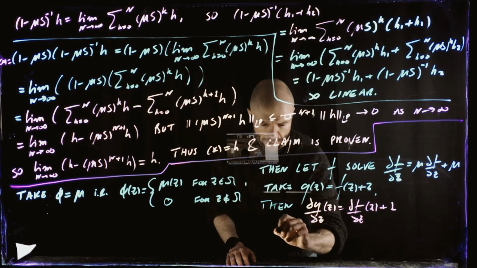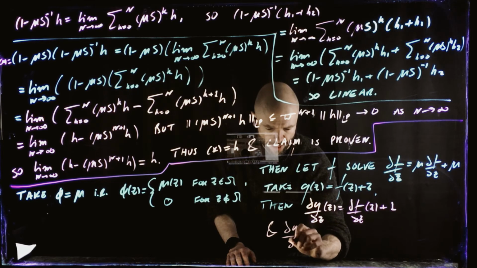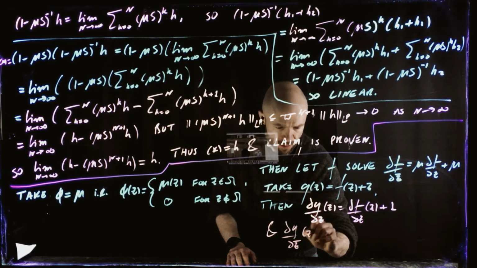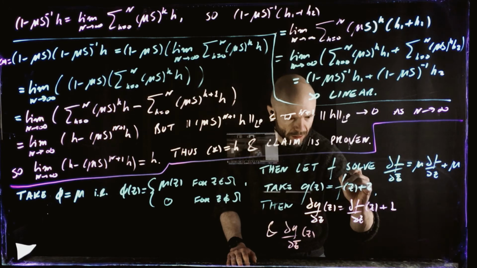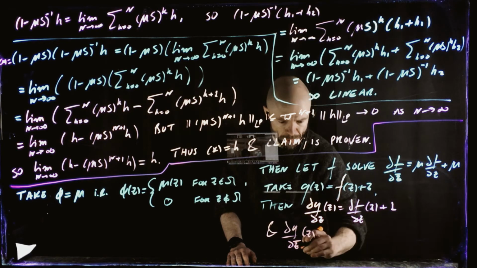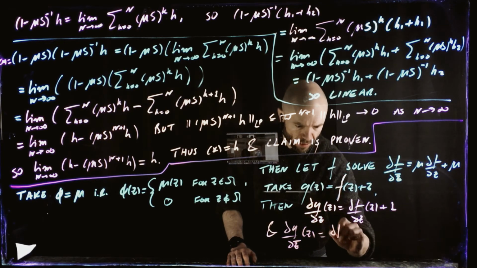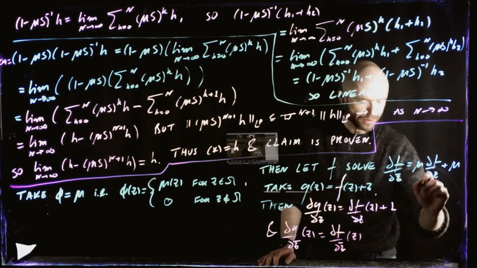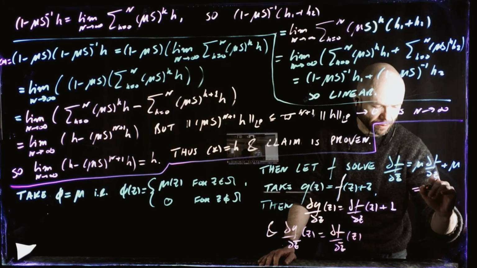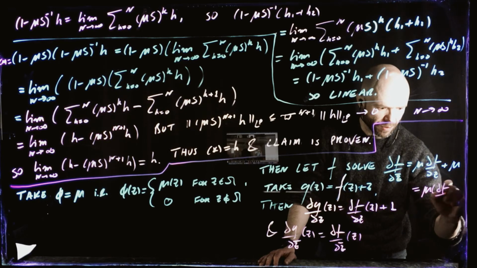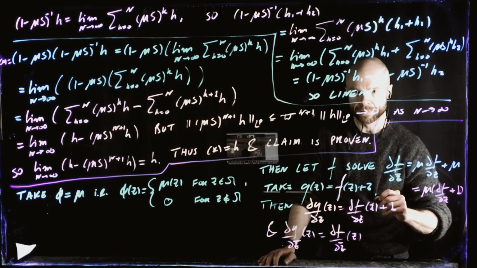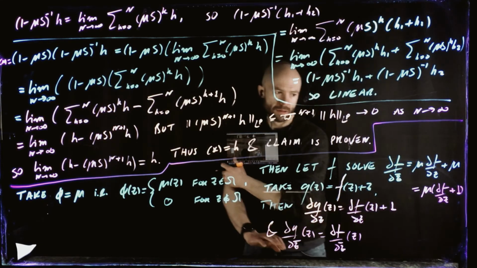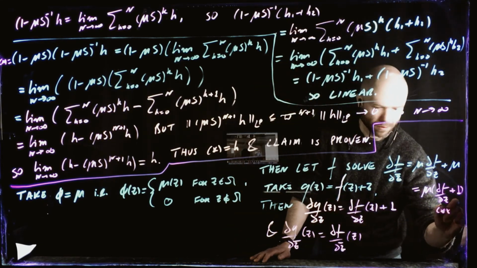And dg by dz bar of z, well, this z will just vanish when we take the anticonformal part of the gradient, right? It's df by dz bar. And then this equation here can also be written as mu of df by dz plus 1. Let's call that star star.